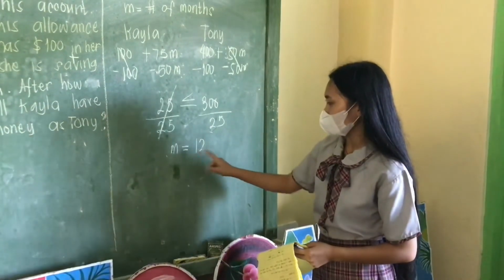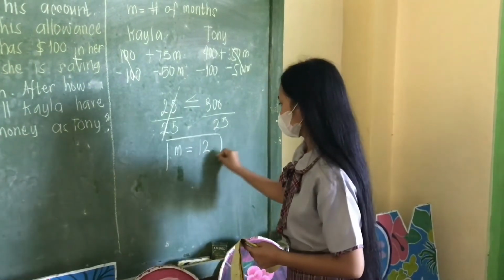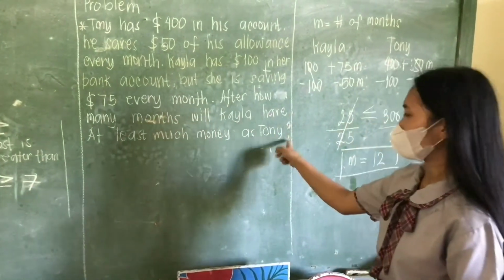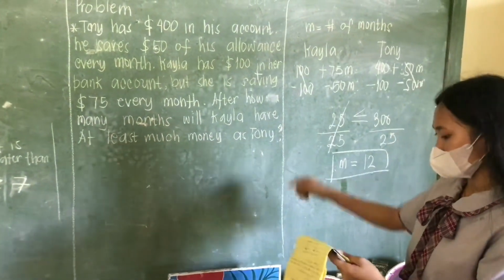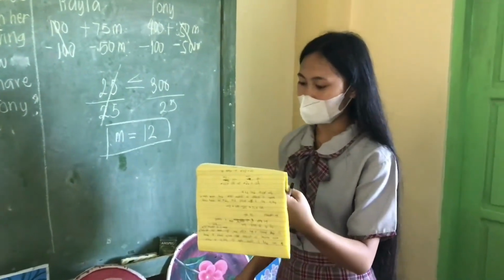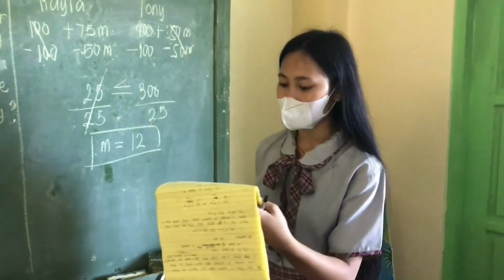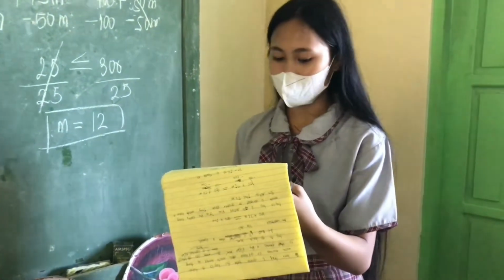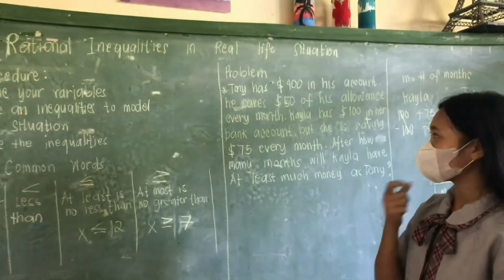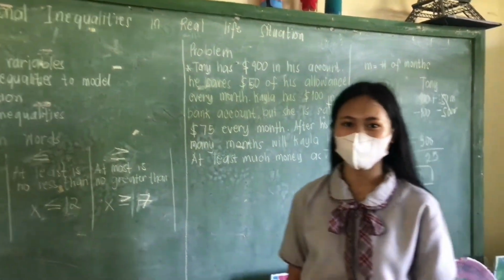And m is equal to 12. Question: after how many months will Kyla have at least as much money as Tony? So, after a year, or 12 months, Kyla has at least as much money as Tony. Before that, Tony has more money than Kyla. And that's rational inequalities in real-life situations.